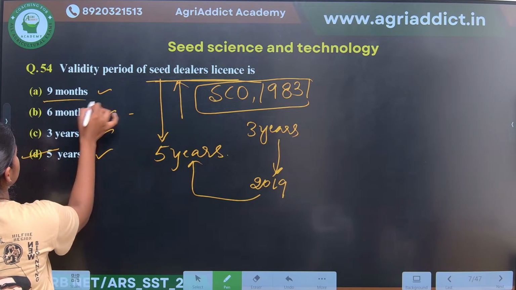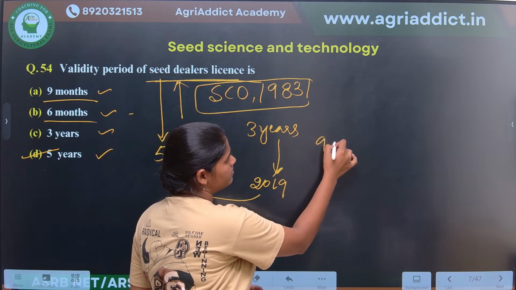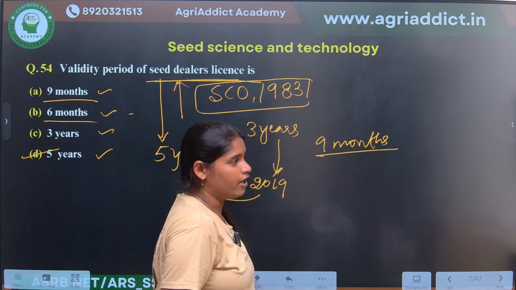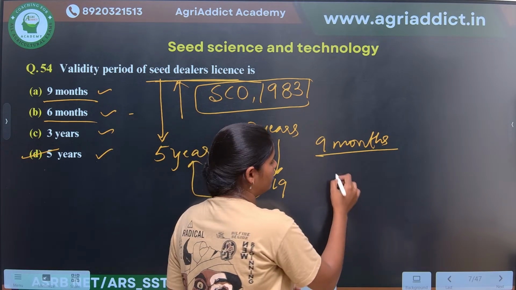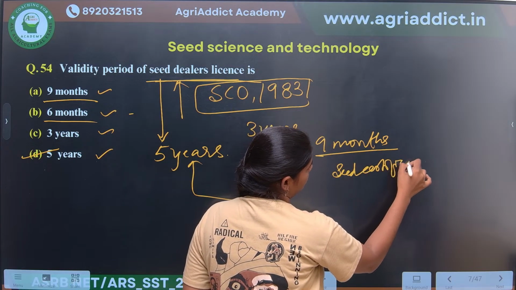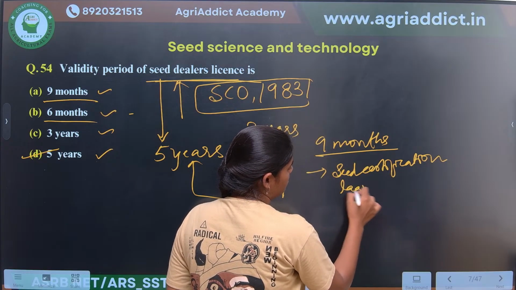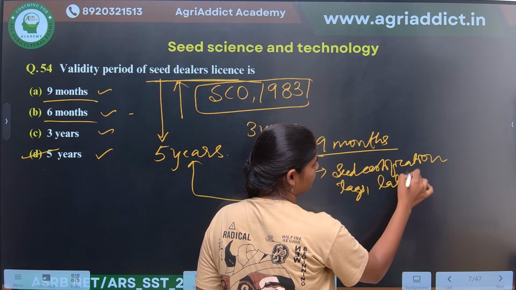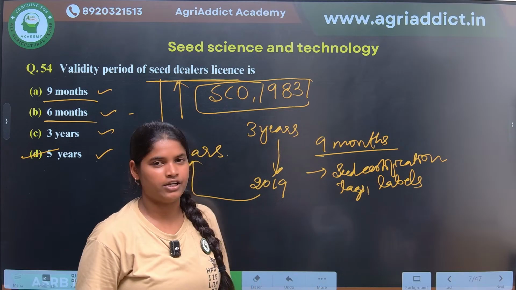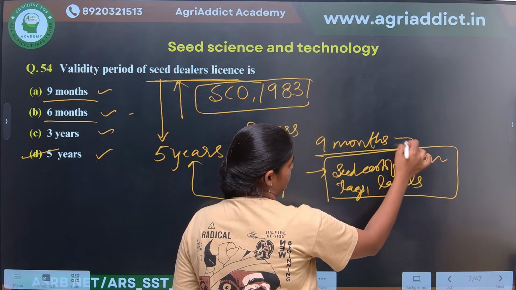Where will you get this 9 months and 6 months? People will get confused because 9 months is the validity period of the seed certification. In seed certification we get tags or labels, right? Those seeds which get certified by the seed certification agency, that certificate is valid for 9 months.